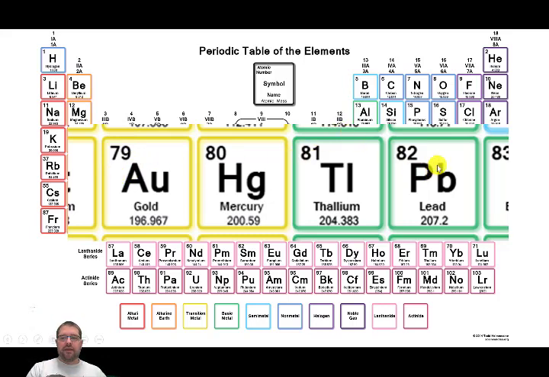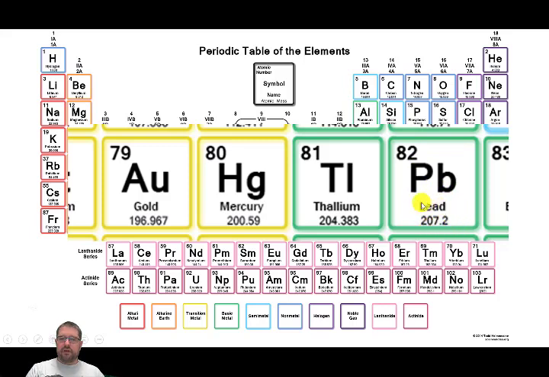Okay, lead has 82 protons in its nucleus. So you can see here that in order to transfer lead into gold, you would have to remove protons from their nucleus. Okay, this is not that easy of a thing to do. But on top of removing protons, you also would have to remove neutrons.